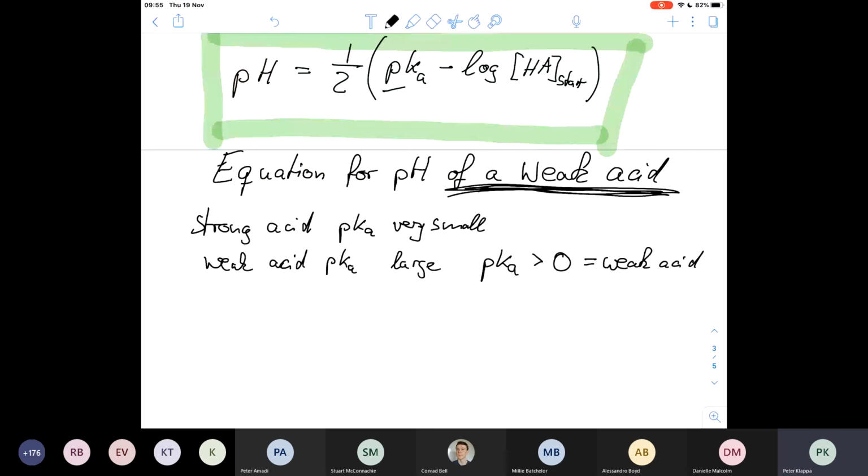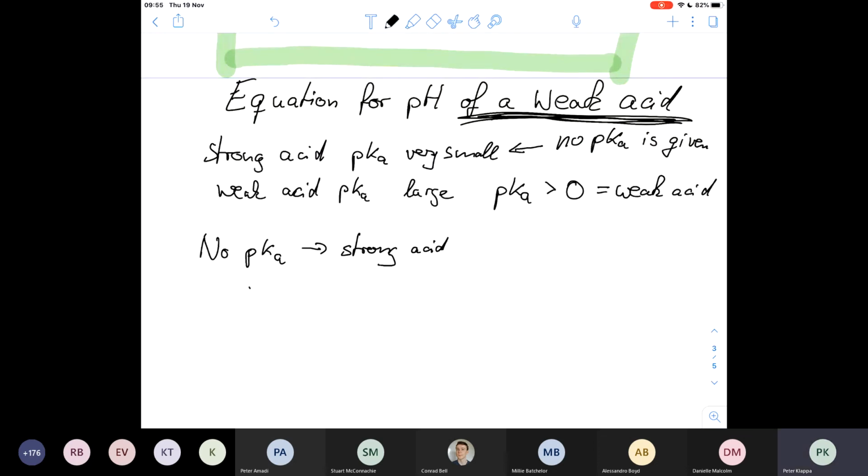Very often what you will find is that for strong acids, no pKa will be given. So if there's no pKa, strong acid, and you would use simply the equation minus log of the proton concentration.